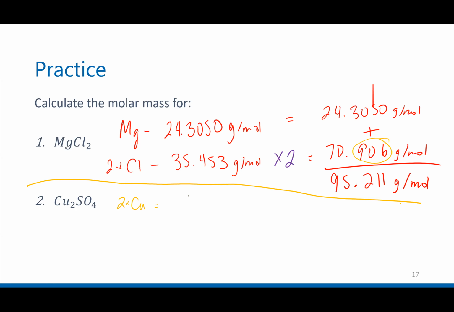Again, it's the same as the atomic mass: 63.546 grams per mole. Now that gets multiplied by 2. I have 1 sulfur, and sulfur is 32.065.